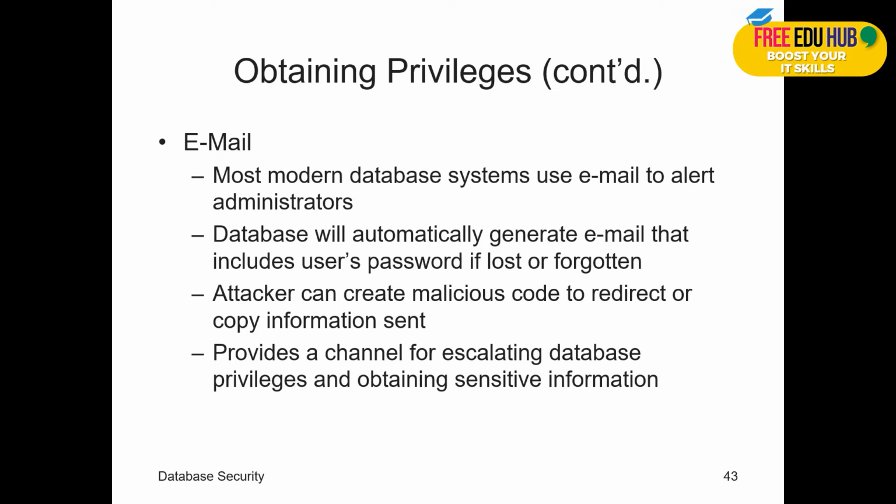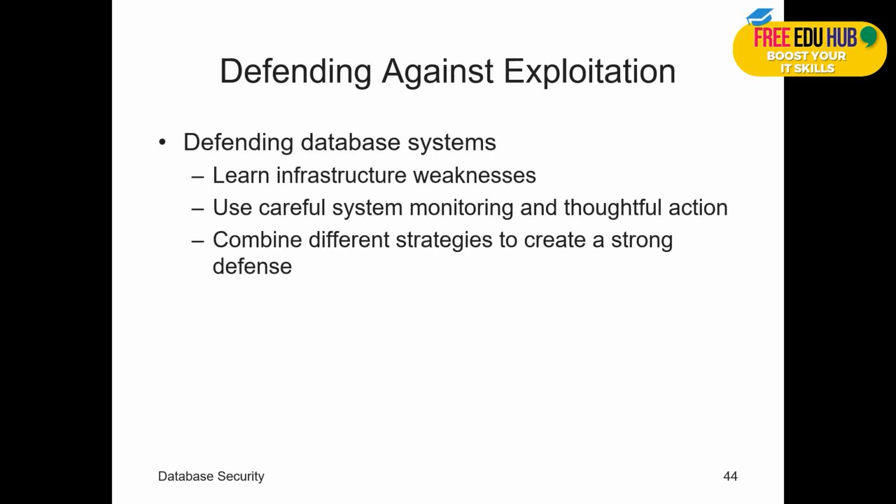So attackers can create malicious code to redirect or copy the information sent from the database to the web server or to the clients outside. That information can be captured and provides a channel for escalating database privileges by obtaining sensitive information.